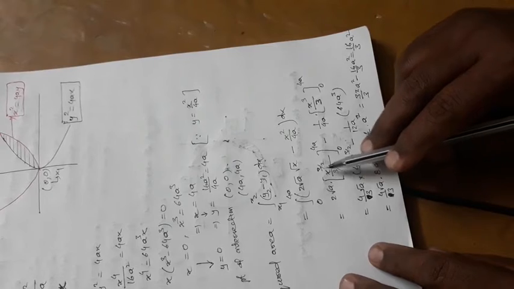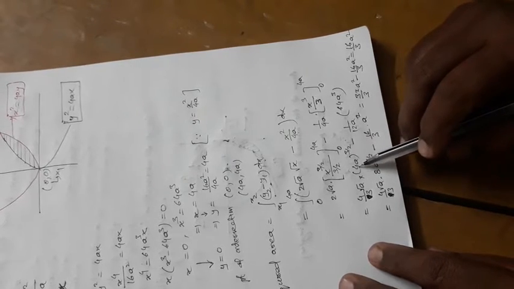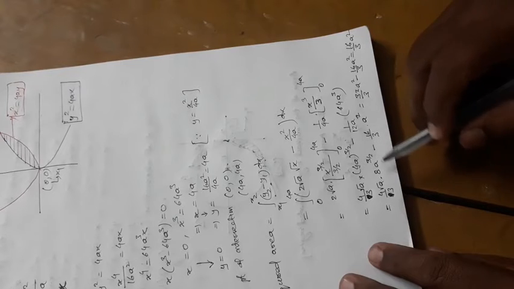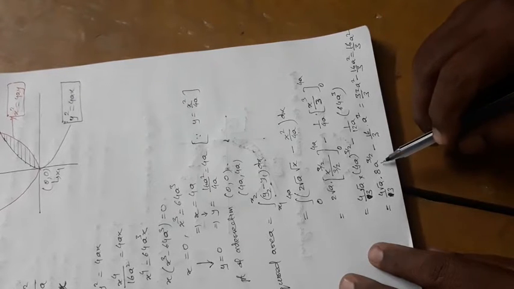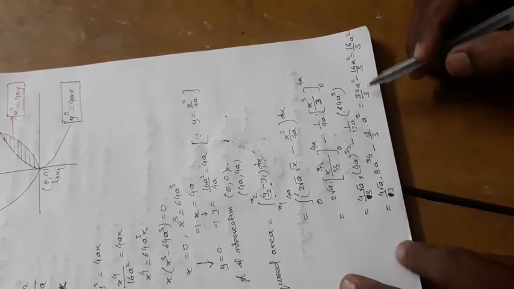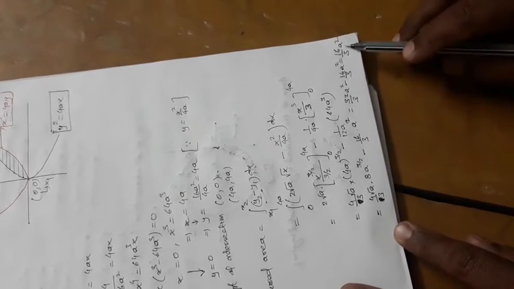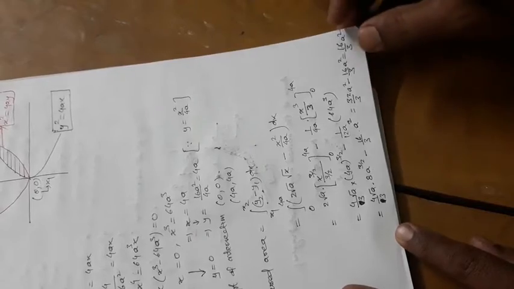That is 4 to the power 3 by 2, which is 8, and a to the power 3 by 2 here, and root a into a to the power 3 by 2 becomes a square. Now look at the calculation, it becomes 16 by 3 a square.